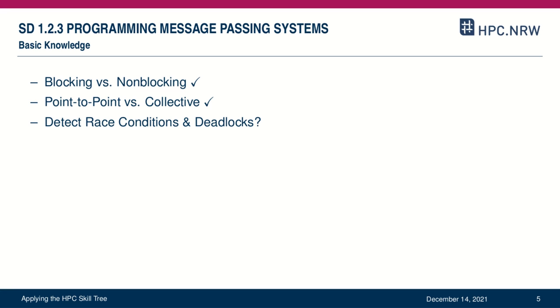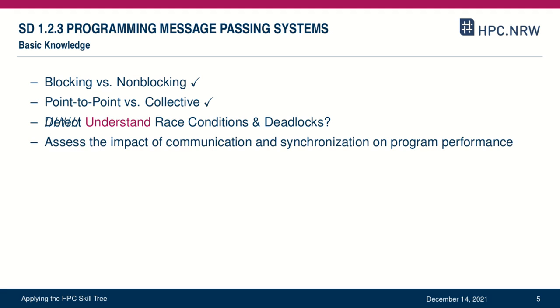So here I would probably rename this to understand race conditions and deadlocks, so that when you program message passing systems, you should be aware of what can happen and what should not happen, but it's still a step further whether you can actually detect those. So the understanding for me was more of the basic level of message passing systems.